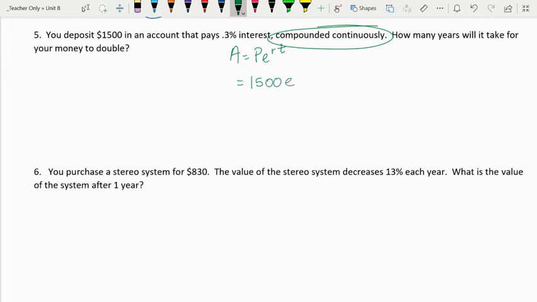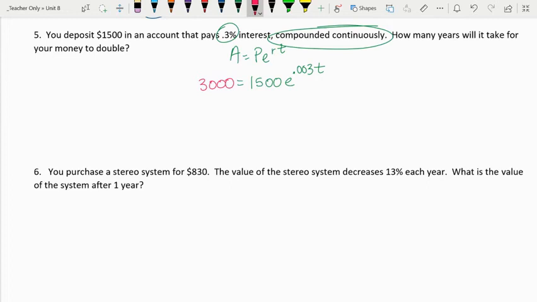And r is 0.3%, and remember we moved two places to the left, so 0.003. It says how many years, so we're looking for t. There's no other number given, but we can figure it out because it's saying for your money to double. So we would take 1,500 times 2, which would be 3,000.